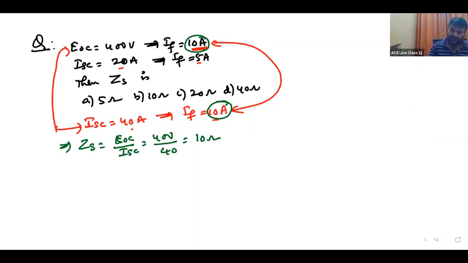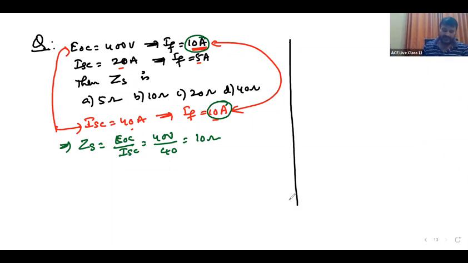Similarly, in one examination he gave a question like this. EOC is equal to 200 volts at IF equal to 10 amperes, and ISC is equal to 20 amperes at IF equal to 5 amperes.